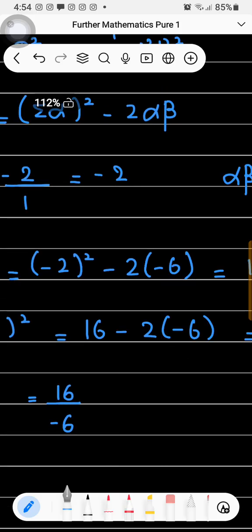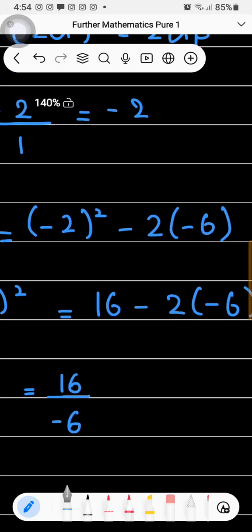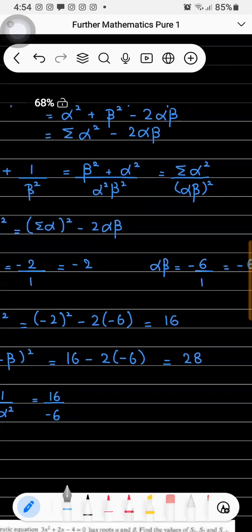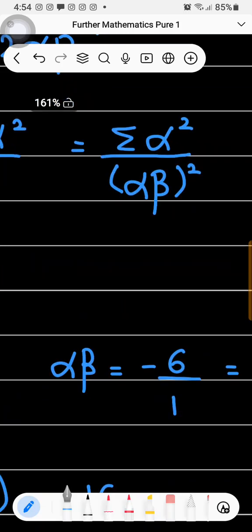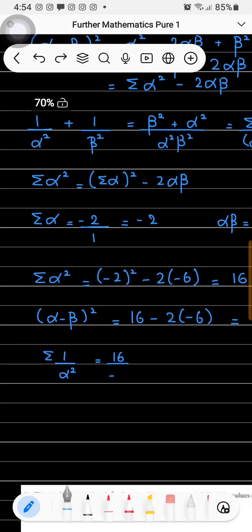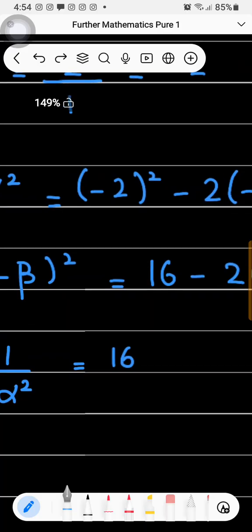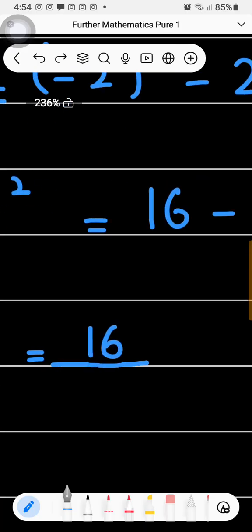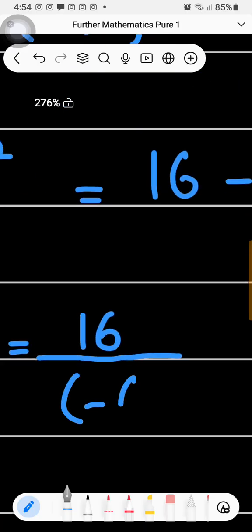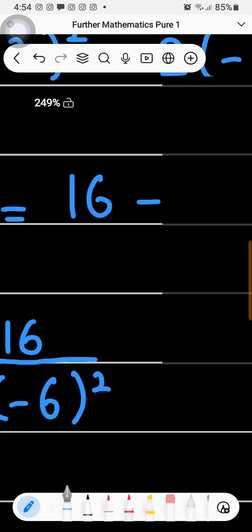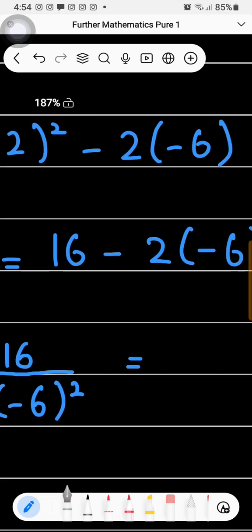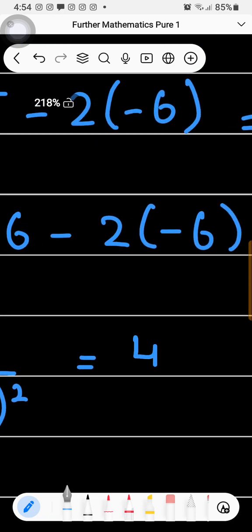Wait, here is a mistake: it is alpha beta whole square, so there will be a square in the denominator. Yes, minus 6 whole square. So it will be 16 upon 36, which is 4 upon 9, our answer.